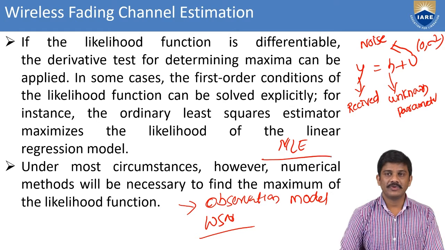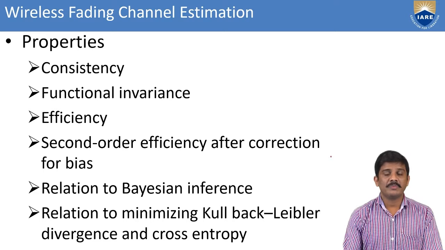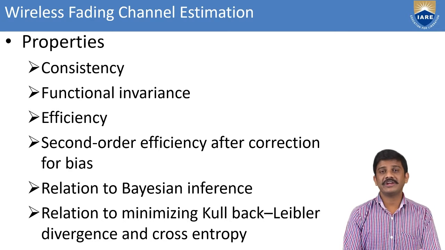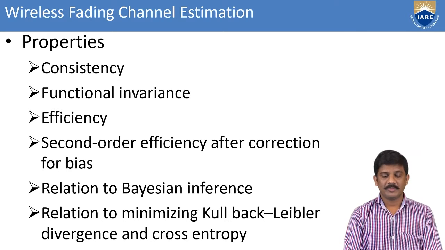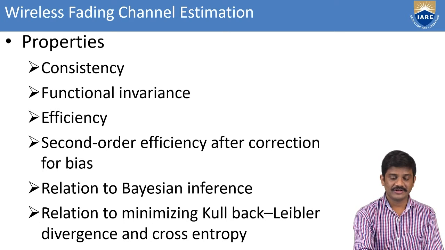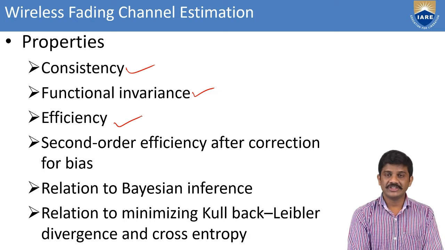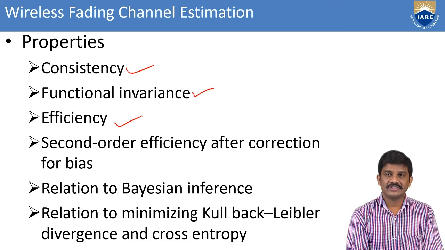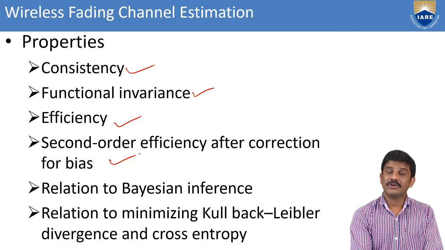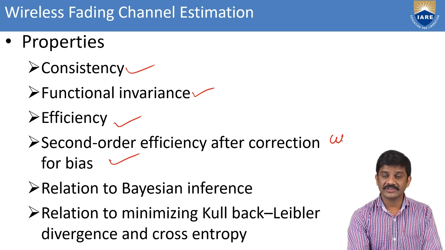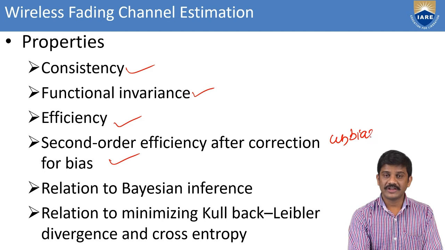Maximum likelihood estimation has different properties. We consider consistency, functional invariance, efficiency, and second order efficiency after correction of bias. We also have the unbiased condition.